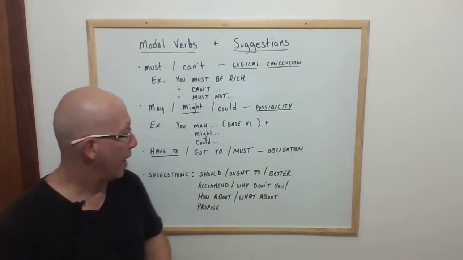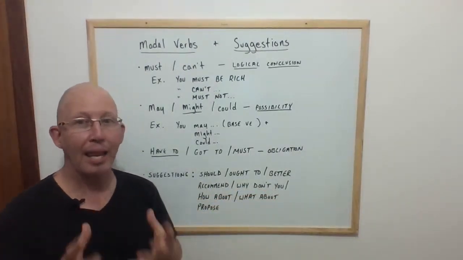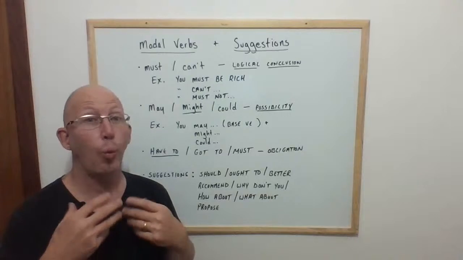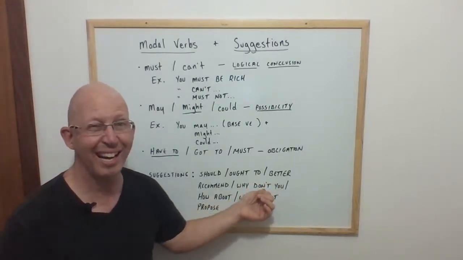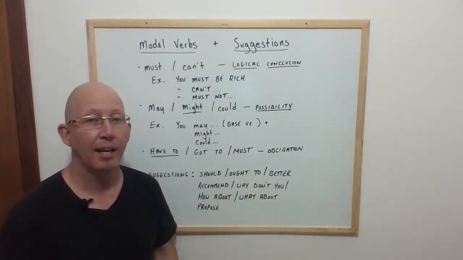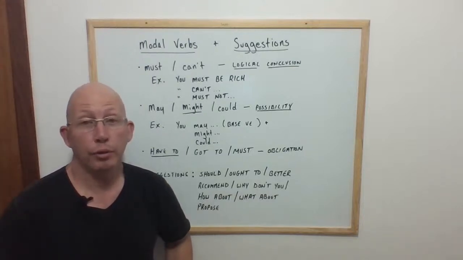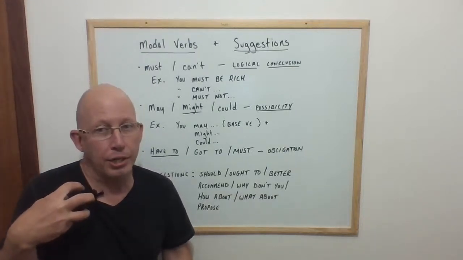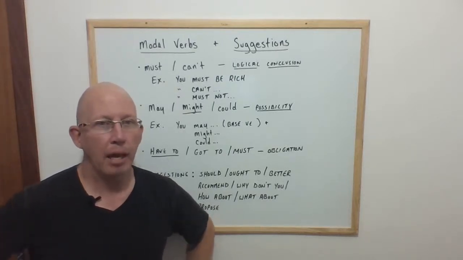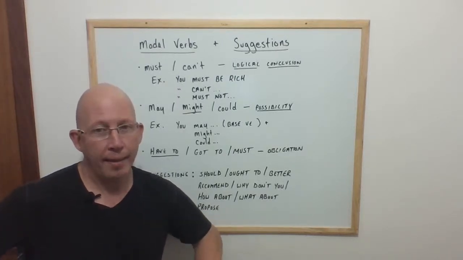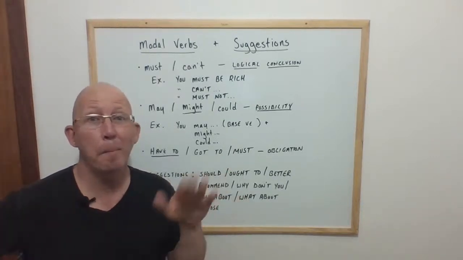Absolutely. So she wants, why don't you? I love this, and I think this is probably one of the highest frequency ones that we use all the time with our friends, with our family at home. We say, why don't you? We give them a situation, like, oh, I have a lot of work to do this weekend. And then the other person says, well, why don't you do it on Monday?